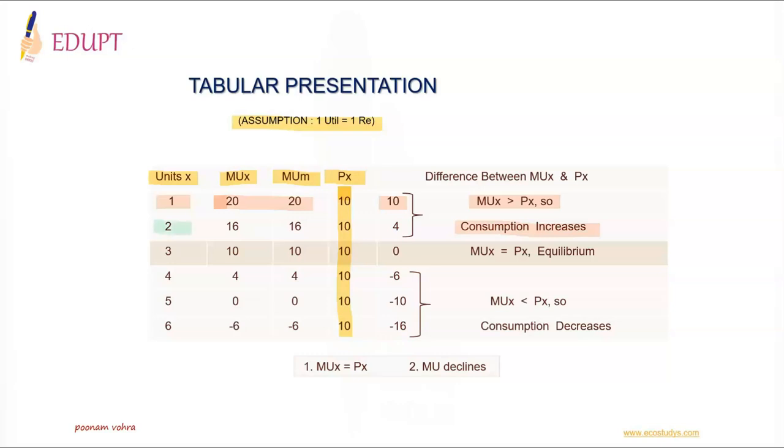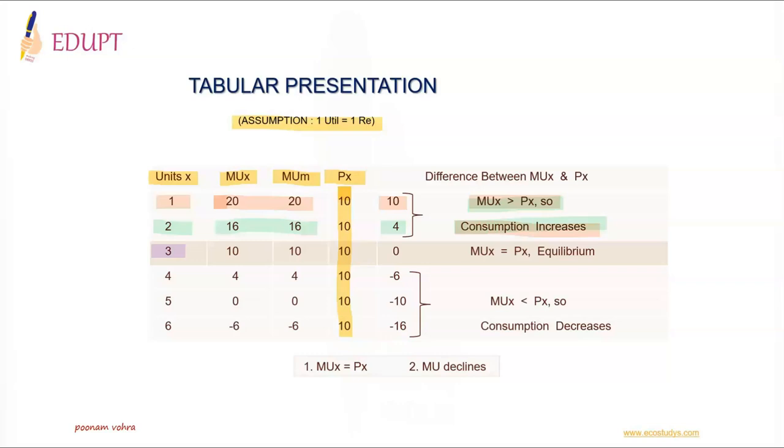When 2 units are consumed, marginal utility in utils as well as money terms declines to 16. By comparing it with price, he finds that still marginal utility is greater than price of X with the difference of 4. So consumption is further increased.